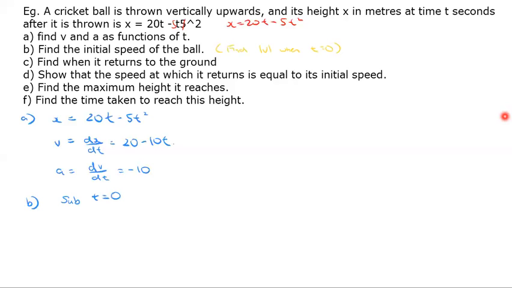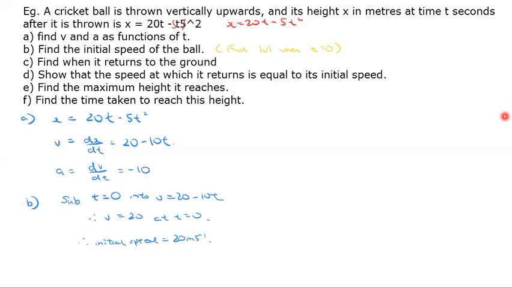You sub t equals 0 into v. Then of course, v equals 20 at t equals 0. Therefore, initial speed is 20 meters per second. Try to also answer with units.